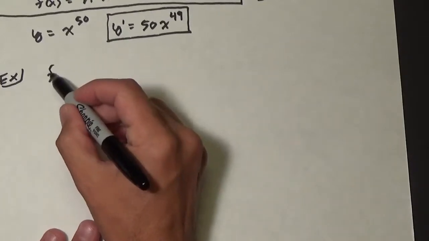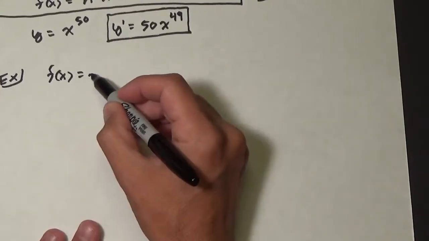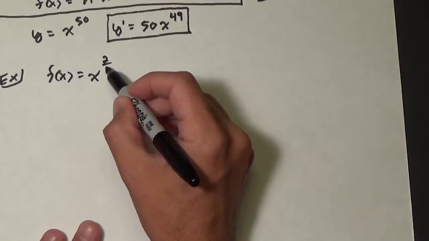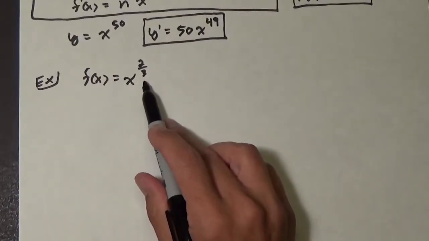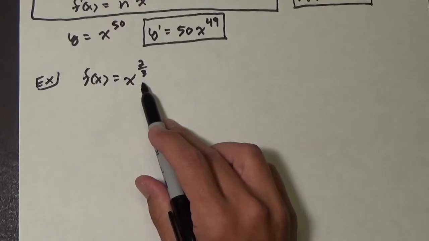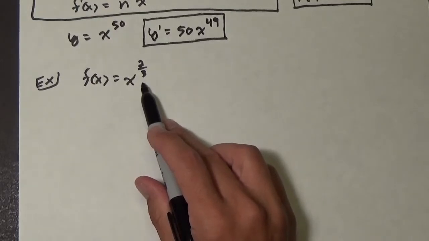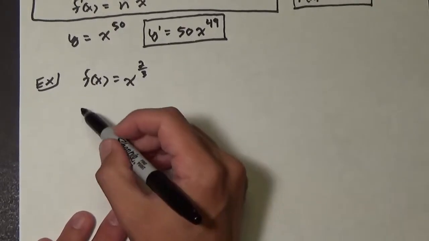Let's say we have f of x equals x to the 2/3 power. Now, if we had to use the definition of a derivative to find the derivative of x to the 2/3 power, that would probably be very challenging. But now that we have the power rule, it's actually pretty straightforward.